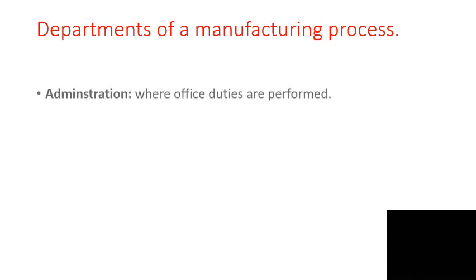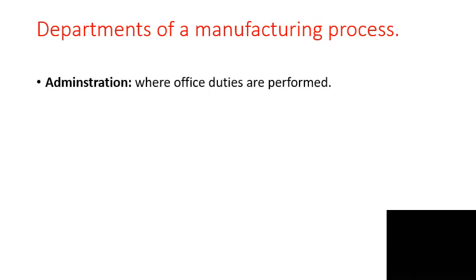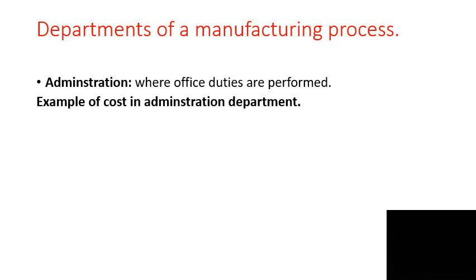Manufacturing business have 3 different departments. So if one is working at Coca-Cola, you need to ask, in which department do you work? We have the administration department, where office duties are performed.